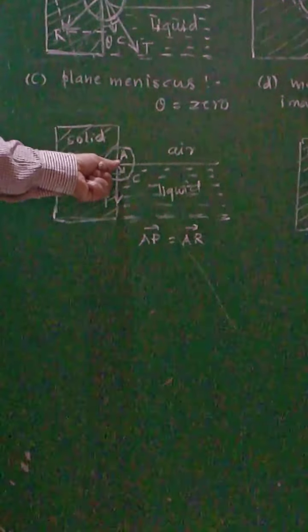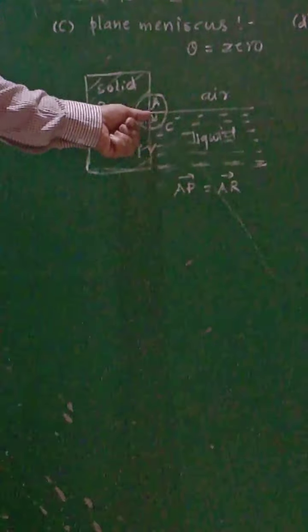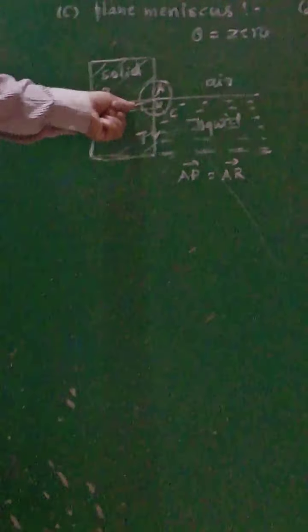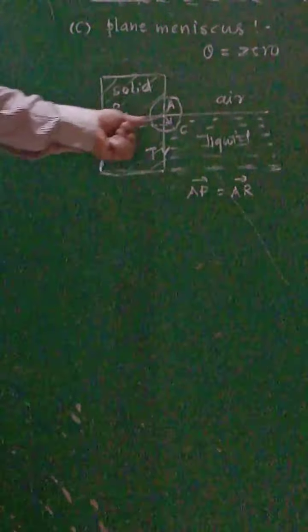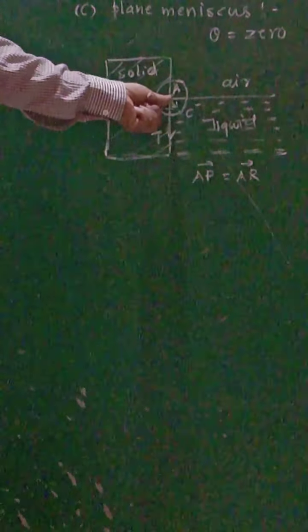Then the cohesive force is very small or sometimes negligible, and hence by completing this parallelogram, if we draw the resultant along the diagonal, it will be nearly parallel to AP. Therefore AR, the resultant force, will be nearly along AP, that is directed inside the solid, and therefore molecule A as well as all other molecules which are in contact with the solid at the free surface of the liquid will be pulled inside the solid.